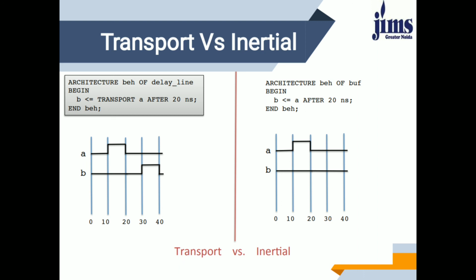In transport delay, if we give 20 nanoseconds, the output will be the shifted value of A after 20 nanoseconds. Whereas in inertial delay, if we write A after 20 nanoseconds, then nothing will be generated in the output, because according to the pulse rejection limit, the pulse is rejected. Clear? So this is the difference between transport delay and inertial delay.